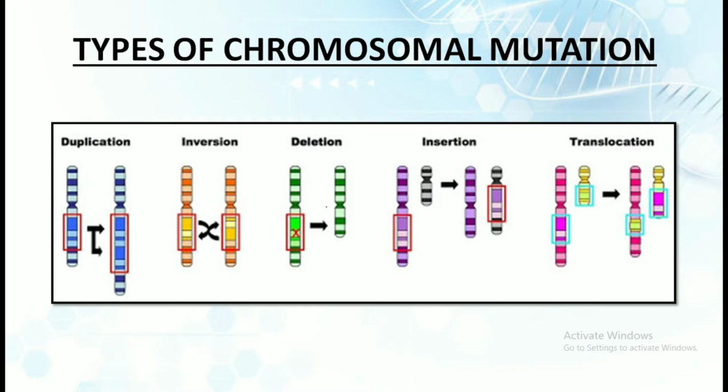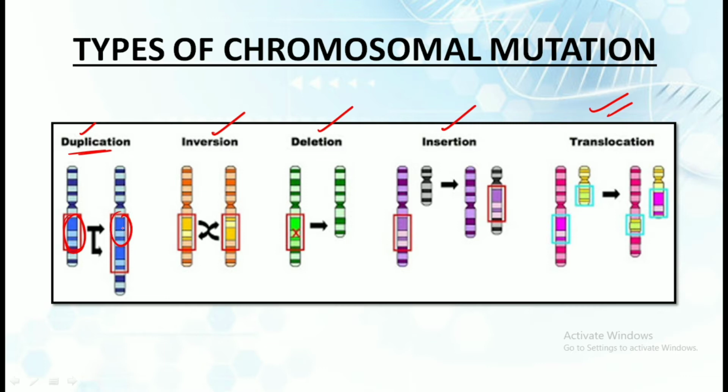Basically we have 5 types of chromosomal mutations. The first one is duplication, then we have inversion, deletion, insertion and translocation. Each type is depicted by its name itself. In the first one, duplication, there occurs duplication of a segment of the chromosome.